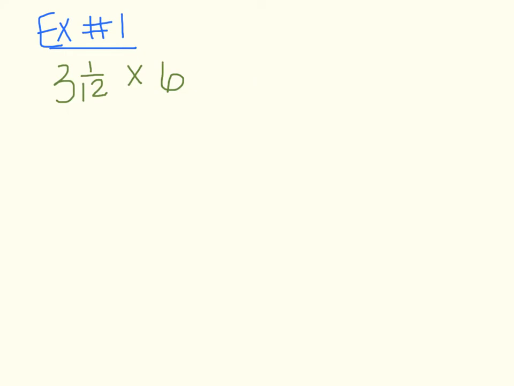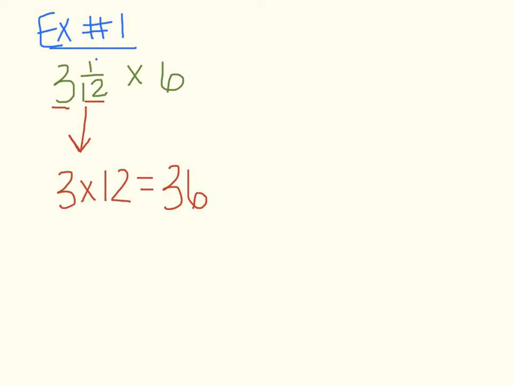Okay, example number 1. We first have to change those mixed numbers to improper fractions. And remember, we do that by multiplying the whole number times the denominator. So 3 times 12 equals 36.